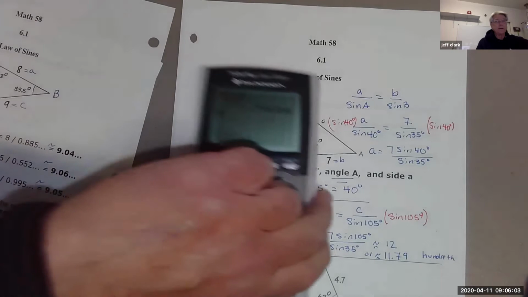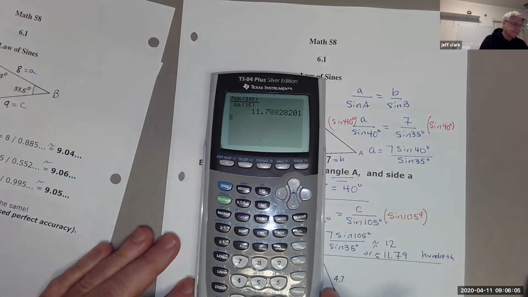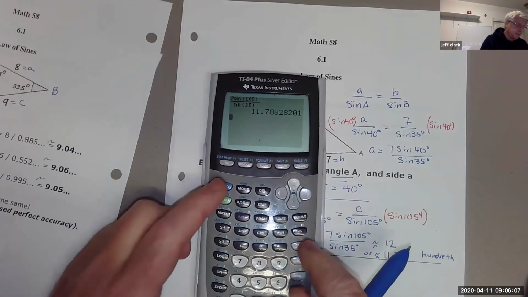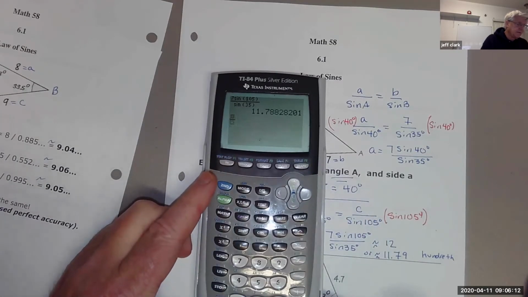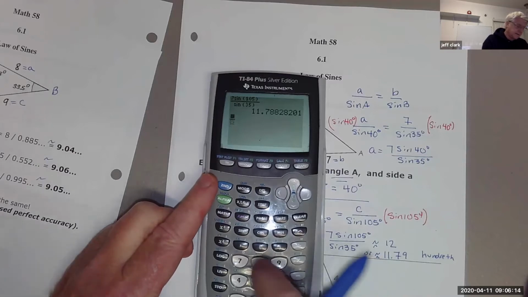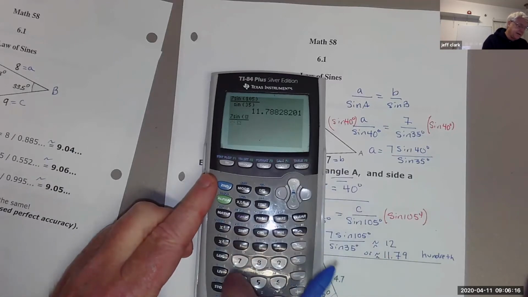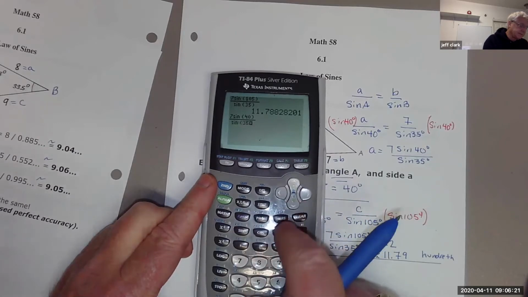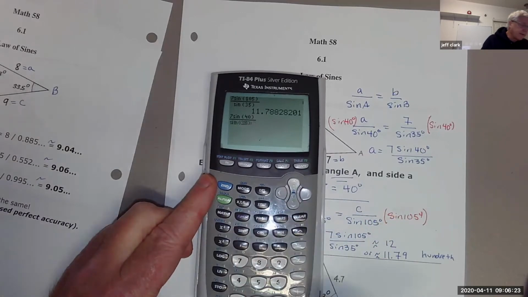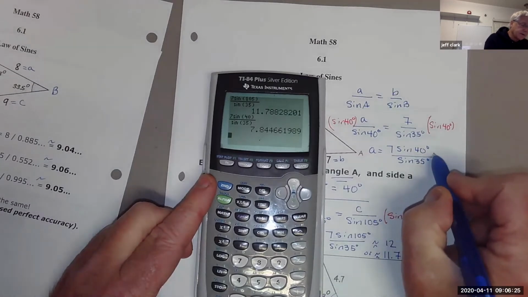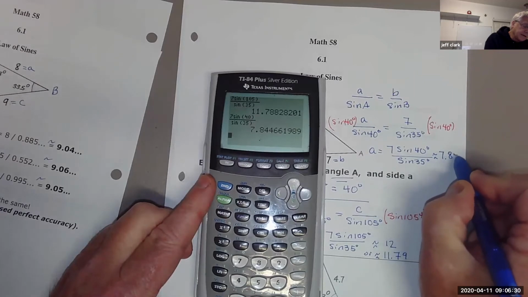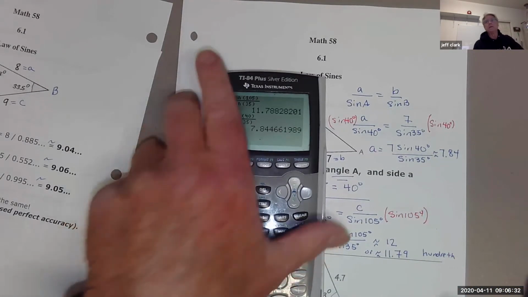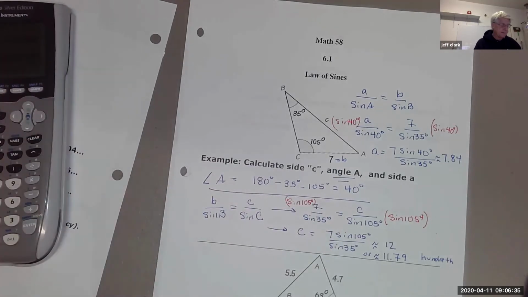Okay, calculator time. Seven sine 40 and sine 35. And if I've typed it in correctly, then I'm getting approximately 7.84. And now I found all my pieces.